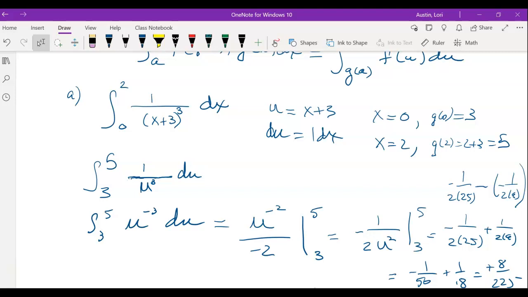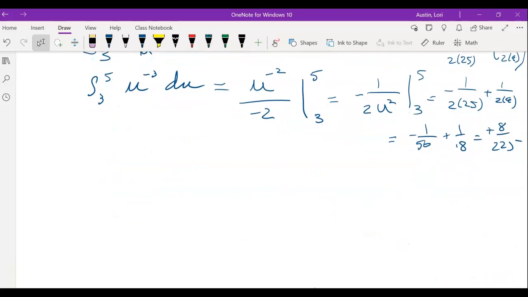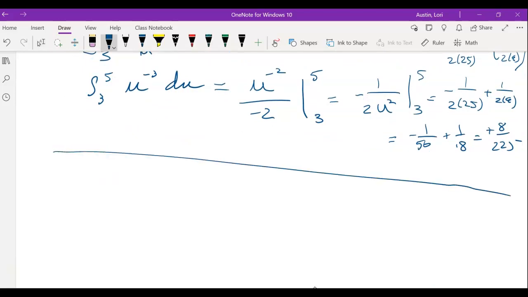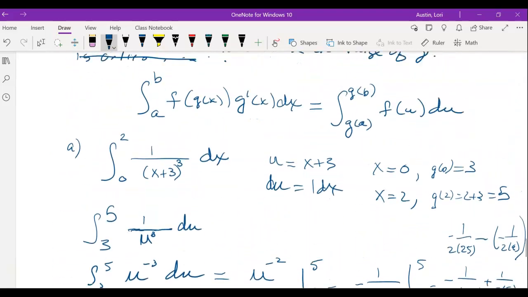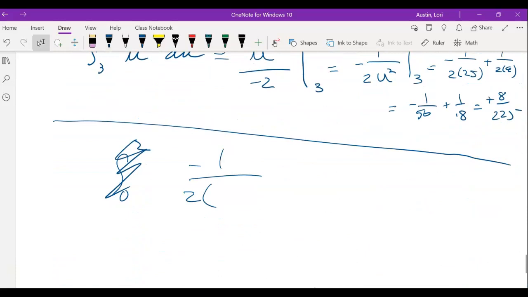Like I said, you can do it without changing the boundary. You can keep it from 0 to 2. But if you do that, I'll show you. If you don't change the boundary, you go from 0 to 2. I'm going to use this piece. Actually, I'm not even going to do that part because we already integrated it. It's negative 1 over 2 times, what was the original problem? x plus 3.